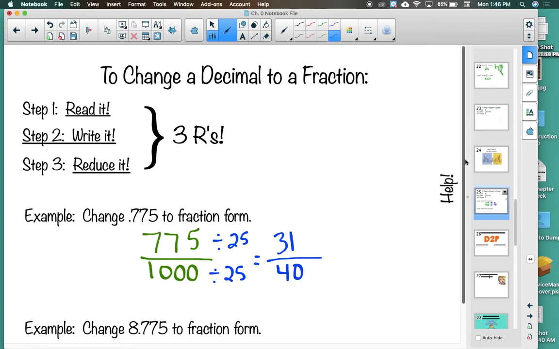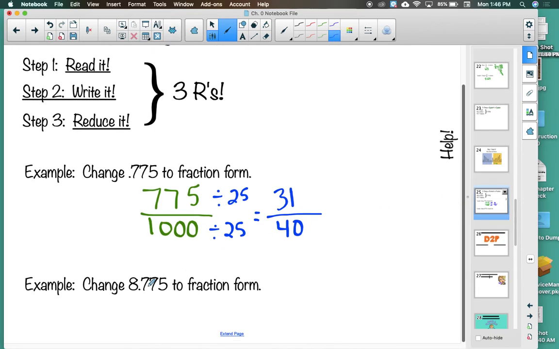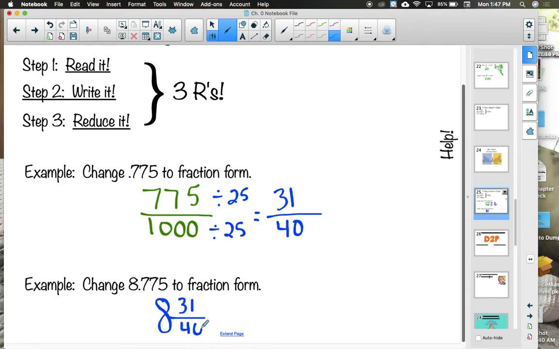Okay, so one more thing. If I want to do the same thing with the whole number piece, remember, don't psych yourself out just because there's a whole number there. That 8 becomes the whole number part of our mixed number, and that 31/40ths just gets transferred into our fraction piece.